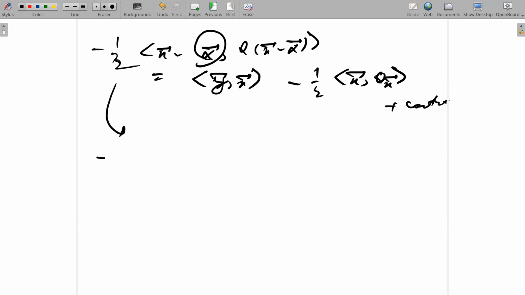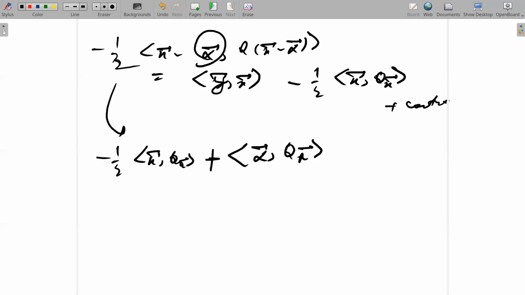So the left-hand side looks like half x dot qx. Then you have minus alpha dot qx. So a plus alpha dot qx. That's because you have alpha dot qx here and x dot q alpha, but q is symmetric.